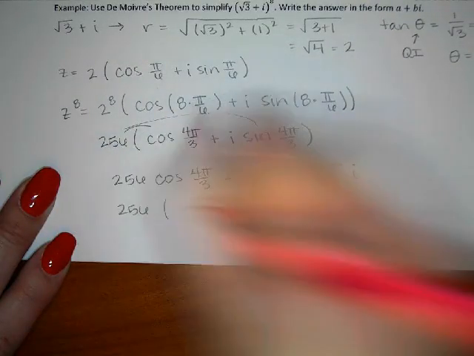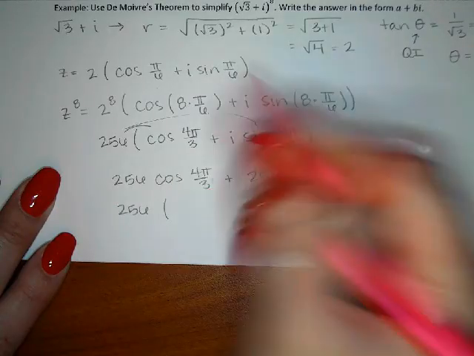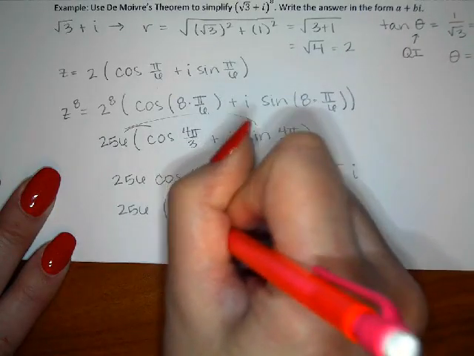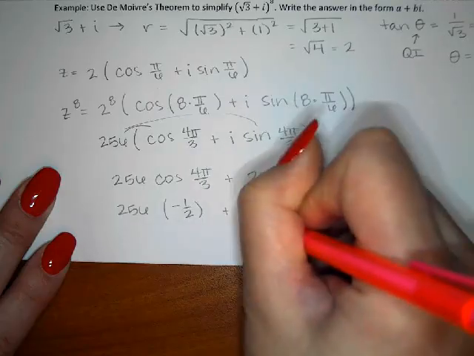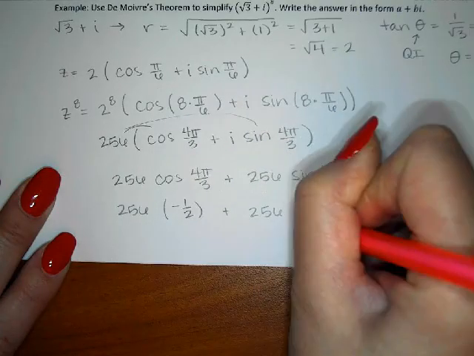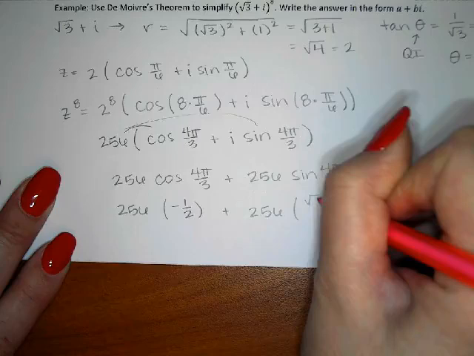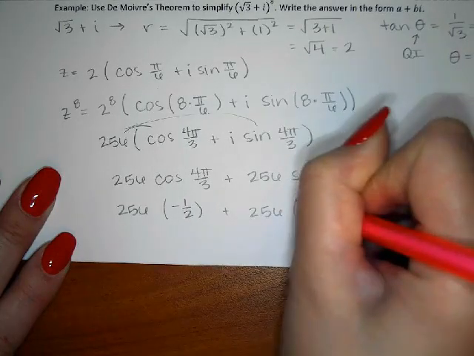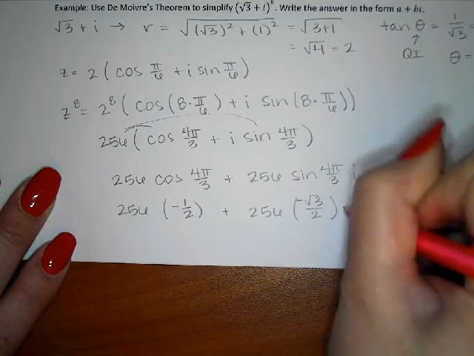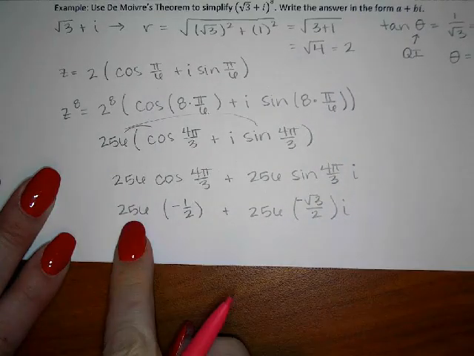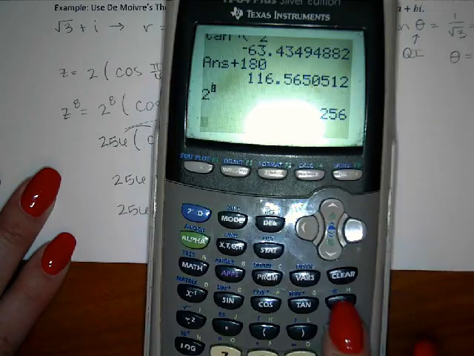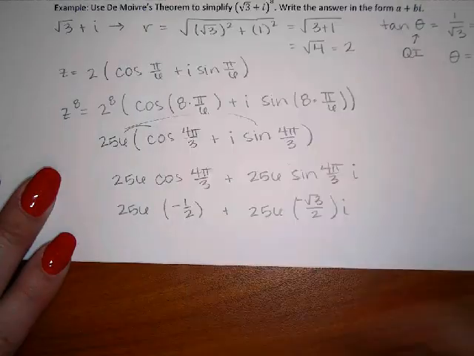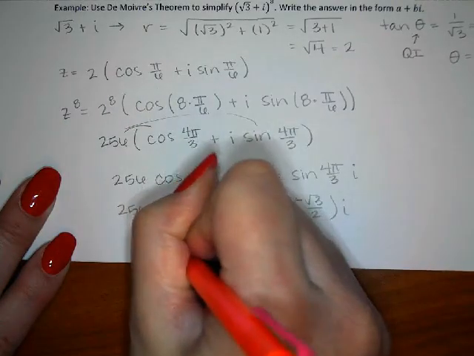So cos of 4 pi thirds is negative 1/2. Sine of 4 pi thirds is negative root 3 over 2. So half of 256, 128. So this is negative 128.